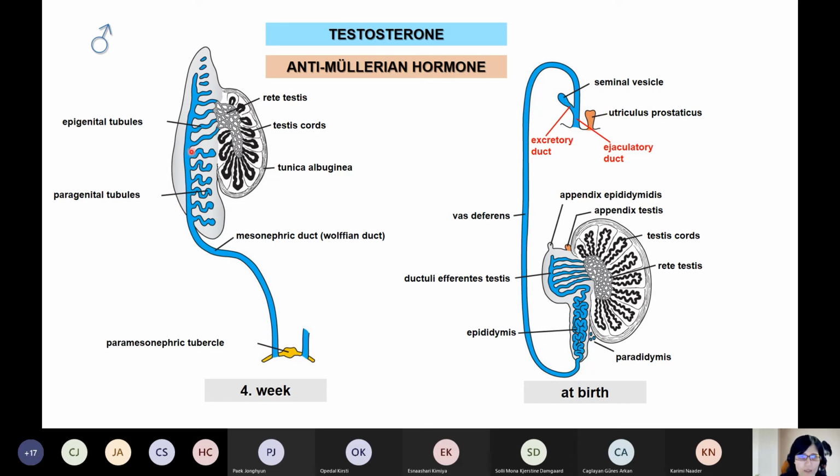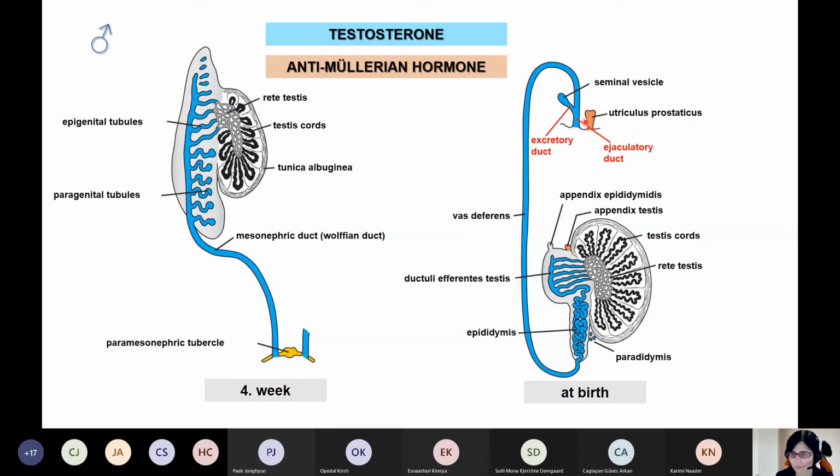It will become very coiled, and this will be the epididymis, exactly the ductus epididymidis, and it will be continued here in the vas deferens. And then the vas deferens in this stage opens here into the urogenital sinus.